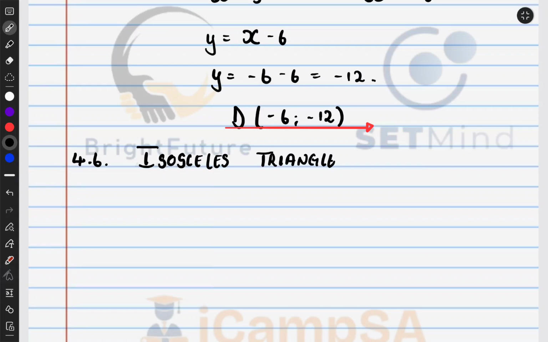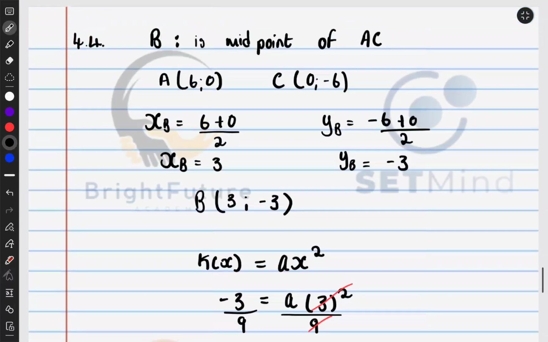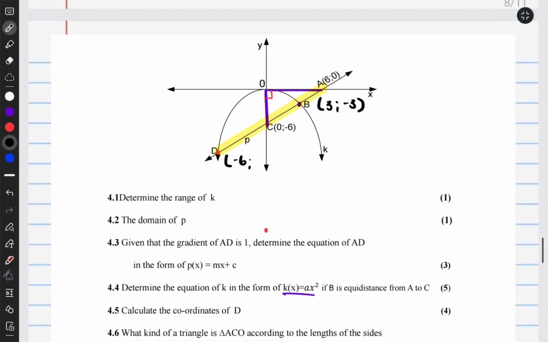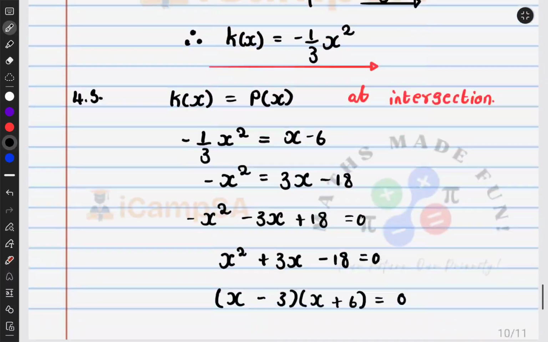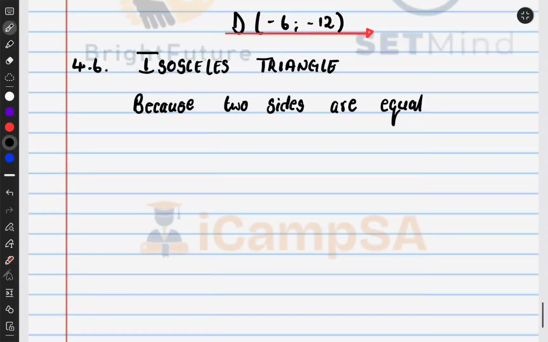It's an isosceles triangle because two sides are equal in length, which are side OA and side OC. OA is equal to OC.